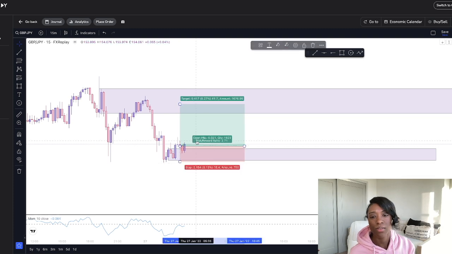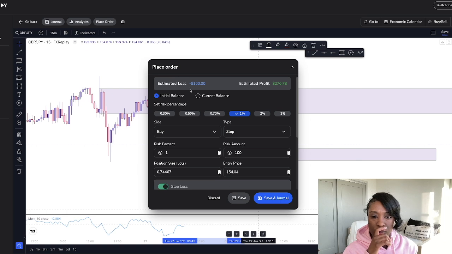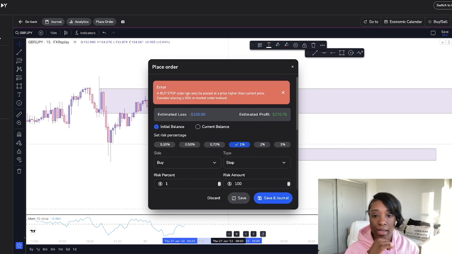I'm gonna give it a 15 pip stop loss. I've been trying to figure out what I want my stop loss for GJ to be, and I think I want it to be 15 pips. Oh, I'm risking 1%, excuse me. So it's like 0.7 of a lot.